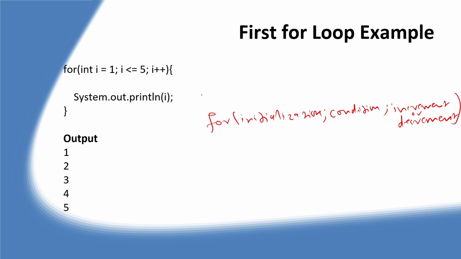So in this example, initialization is int I equals 1. This is initialization. So we have variable I with value 1. So first step is completed. Now second step after initialization is it will check the condition.